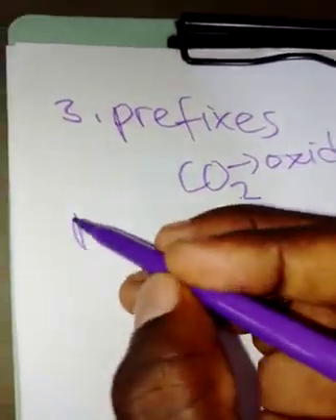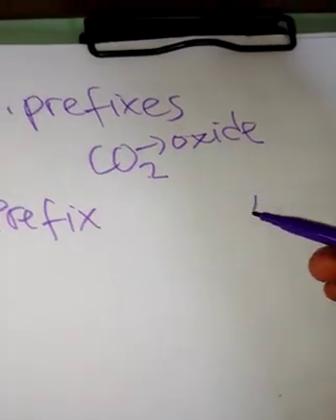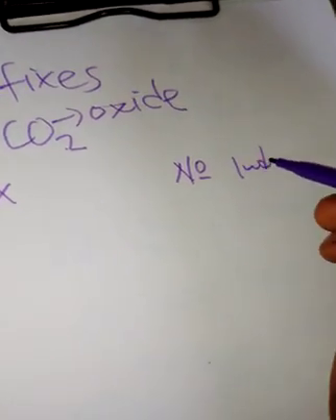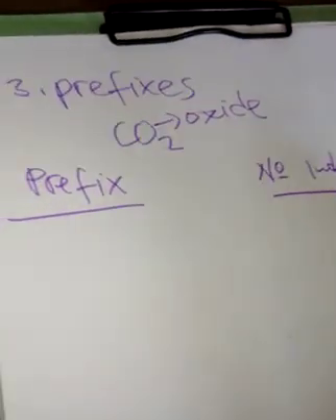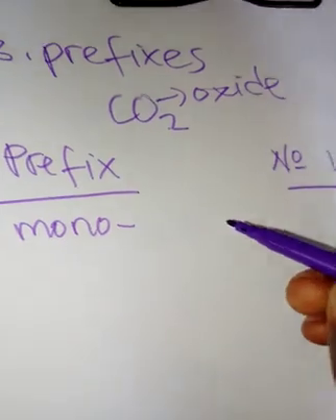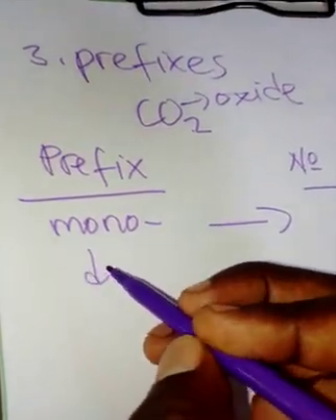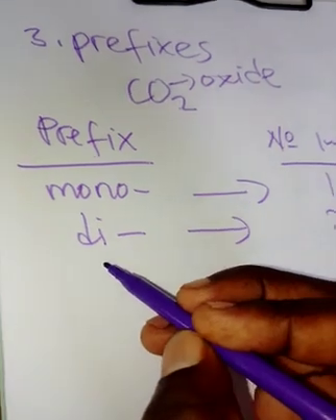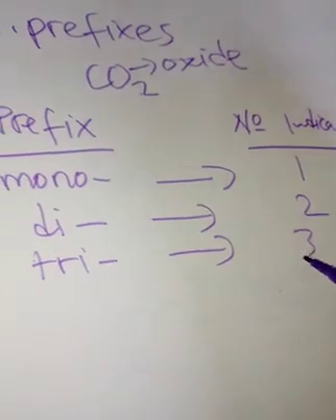Then let's look at some more prefixes and the numbers indicated. Mono refers to 1. Di refers to 2. Tri is 3.